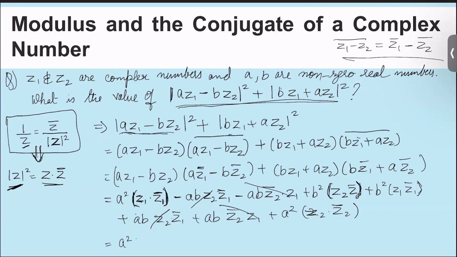So you can write this directly as a squared modulus of z1 squared, then b squared modulus of z2 squared, then b squared modulus of z1 squared, plus a squared modulus of z2 squared.